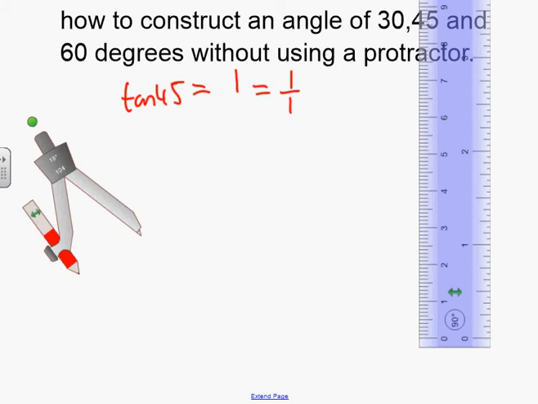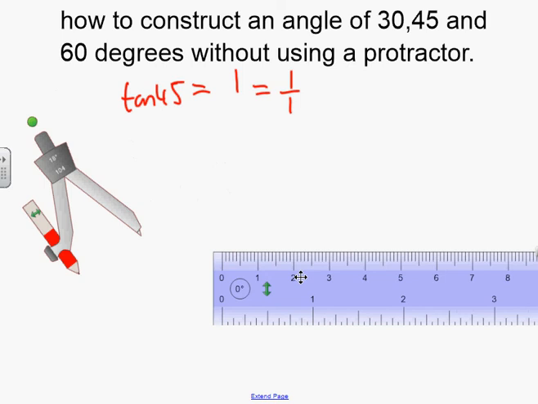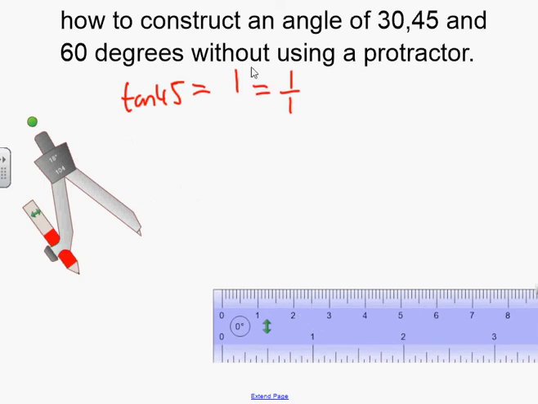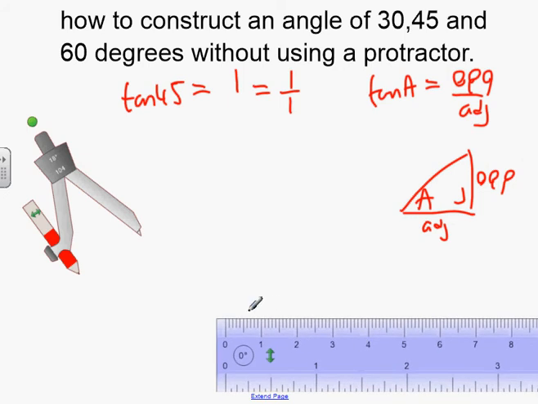So let me show you what to do here. What happens is tan is opposite over adjacent. Will everybody agree with that? If I was to draw a quick diagram, the opposite is this side, at 90 degrees, and the adjacent is down here. So this is really easy. All you have to do is this. Draw one across.